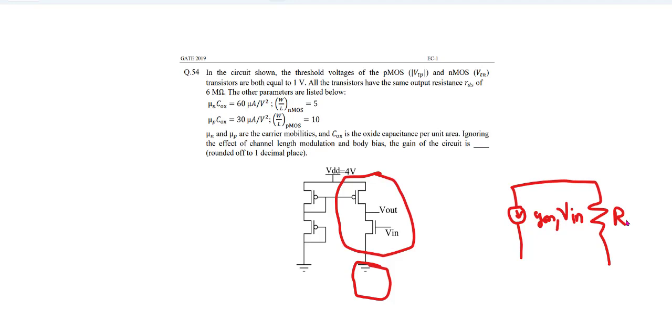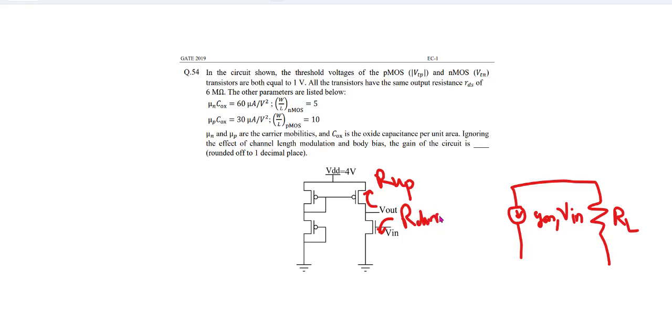So what will be the RL? The RL will be whatever I can see from here: R up, and here R down. We have seen what R up and R down are. R up is the PMOS drain to source resistance, so RDS. And R down here is also RDS because NMOS is present and the RDS value is given, right? So what will be your gain?